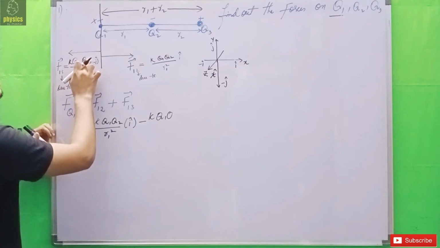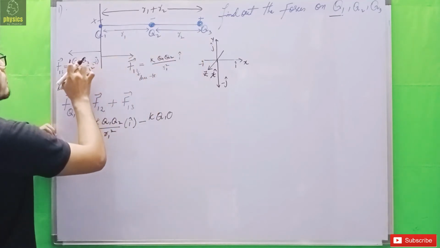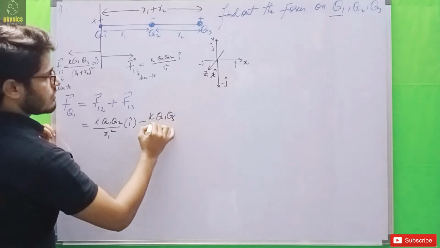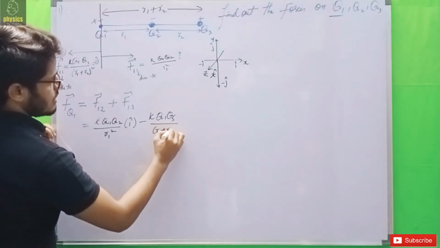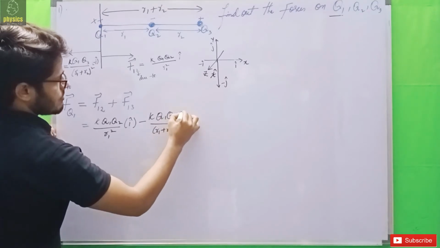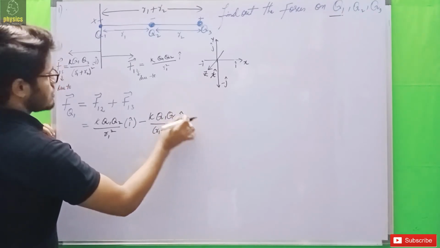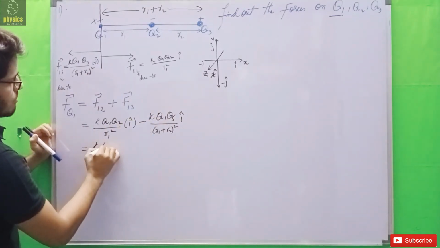Here it should be Q3 because we are doing the force between Q1 and Q3, divided by R1 plus R2 whole square I cap. Here it was minus I cap, but I've taken the minus this way, that's why it became like this. Now I can take Q1 common.